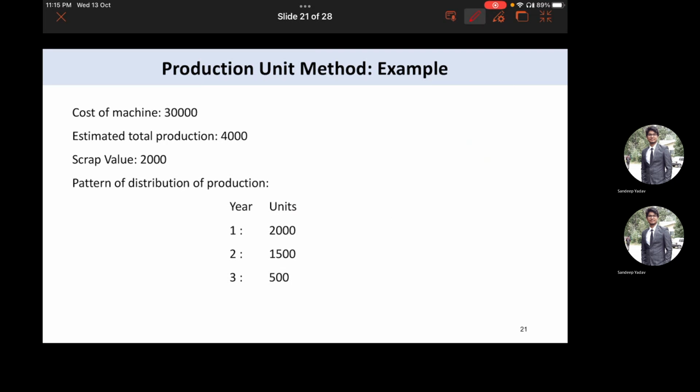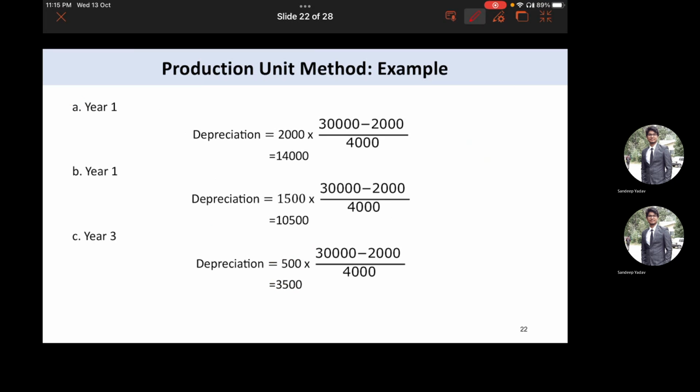Now let's move to the example: cost of the machine is 30,000, estimated total production is 4,000, scrap value is 2,000 rupees, and the pattern of distribution is for year 1 2,000, for year 2 1,500, for year 3 500. Now let's calculate for each year.